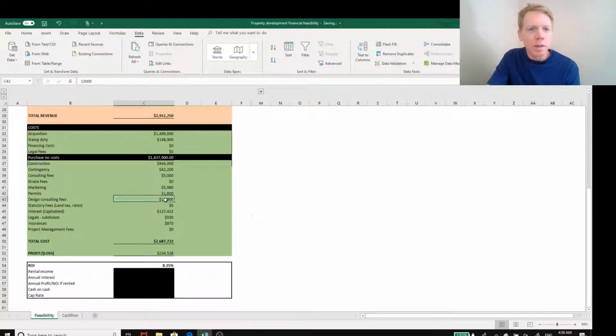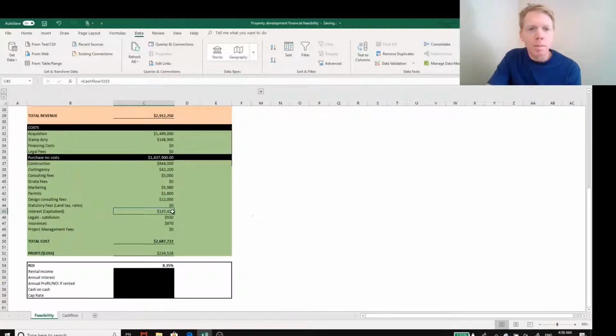And then you've got your design consulting fees, and if you're going for some really high level architecturally designed, this could be upwards of $40,000-$50,000 for these actual architect plans.